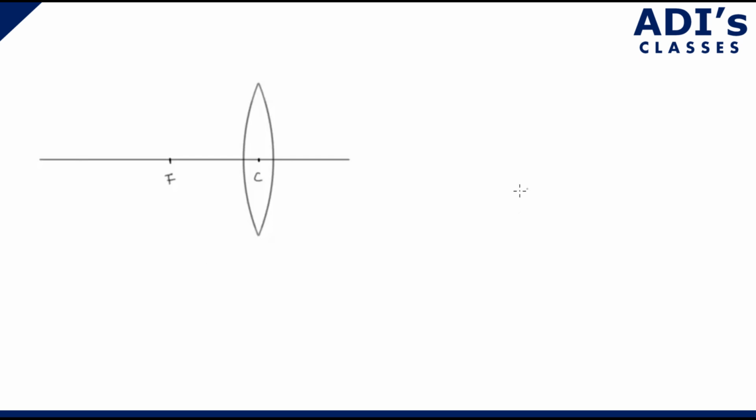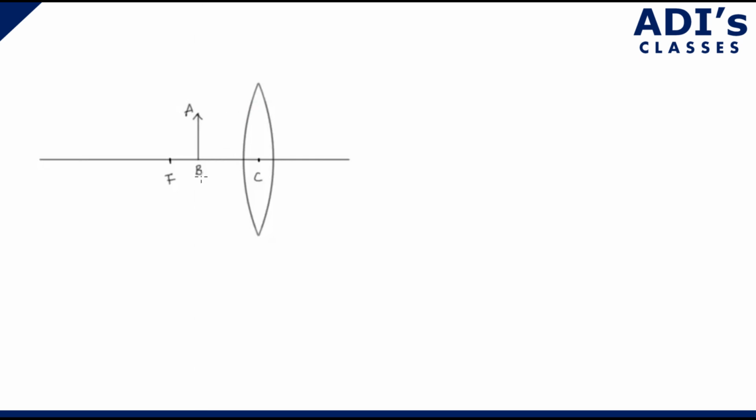The center of the lens, let's call it C, and let F be the principal focus. Now the object we are keeping should be between the principal focus and the center of the lens. Why it has to be in between, you will get to know soon enough.